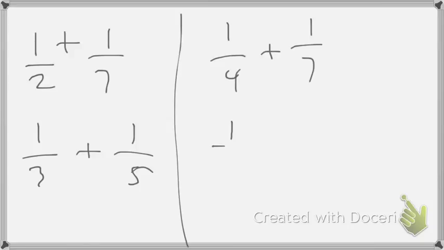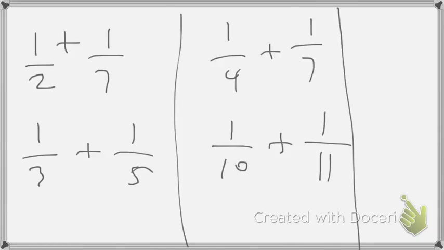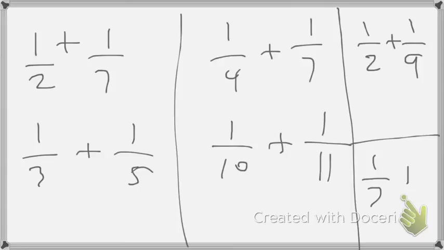And then 1/10 plus 1/11, maybe. And then 1/2 plus 1/9, maybe. And then another one, maybe 1/7 plus 1/. Let's go crazy. There you go.